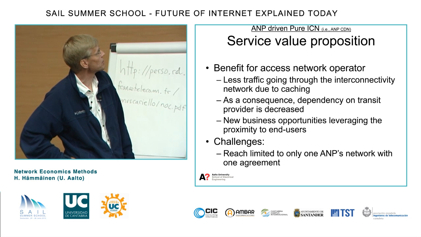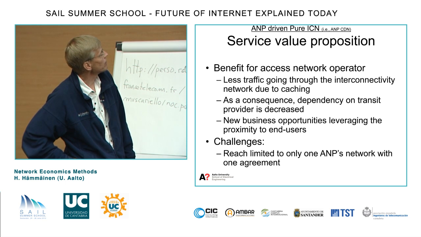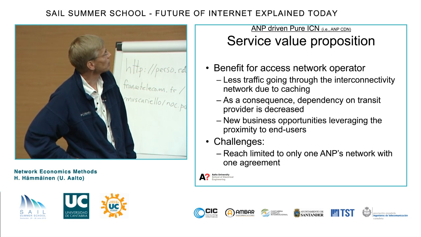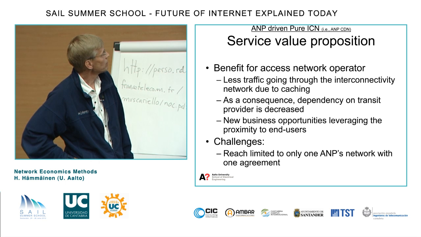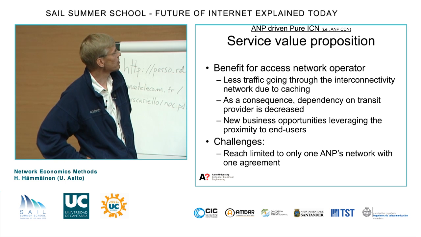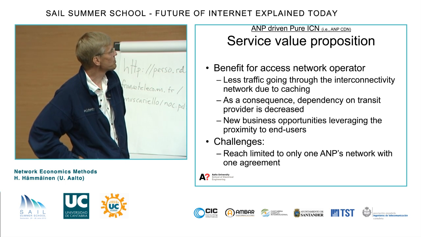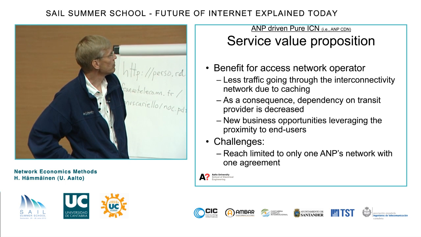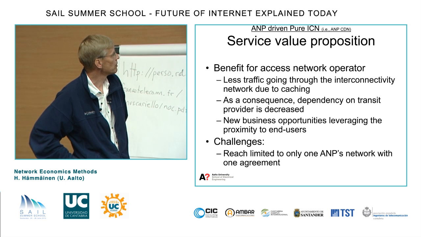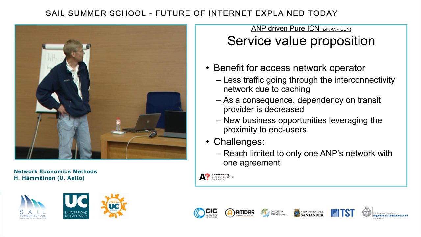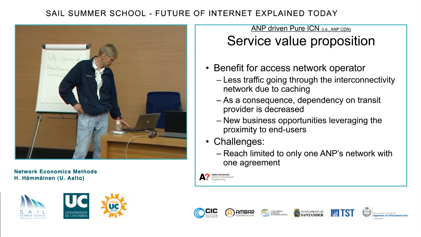Okay, there's some analysis related to this same case one. You can see the benefits for the access network operator. First bullet is savings in interconnection costs, and strategic dependency on transit provider decreased. The challenge is to make agreements with different content providers about caching.